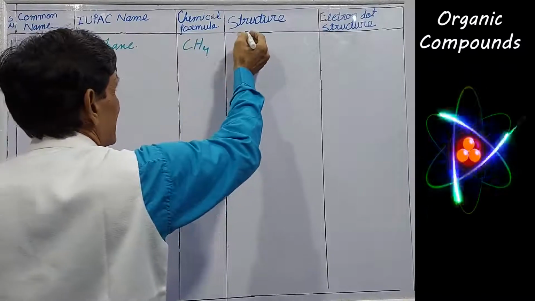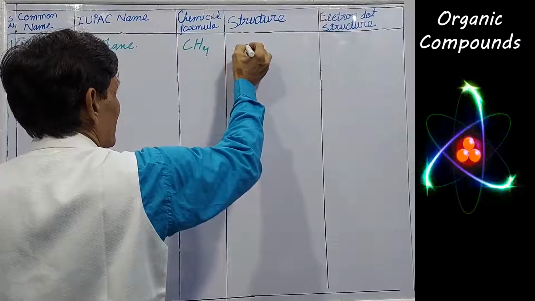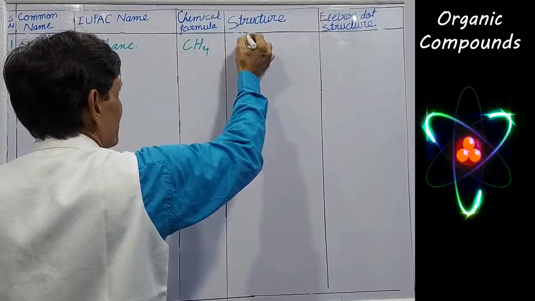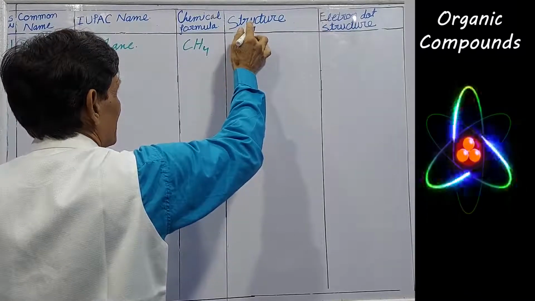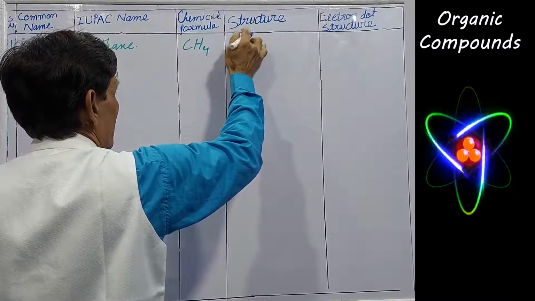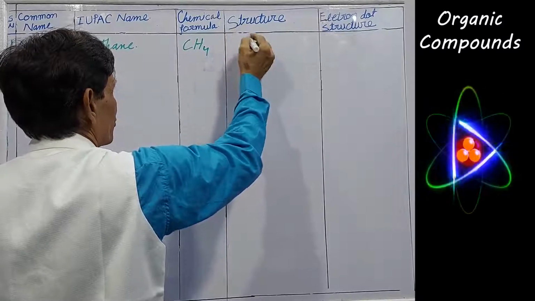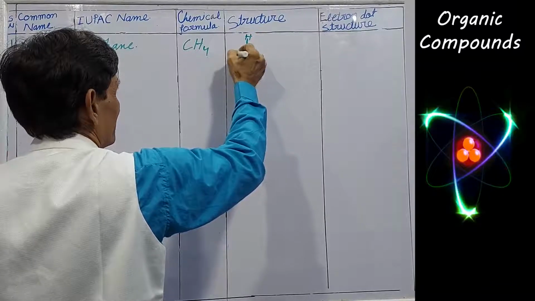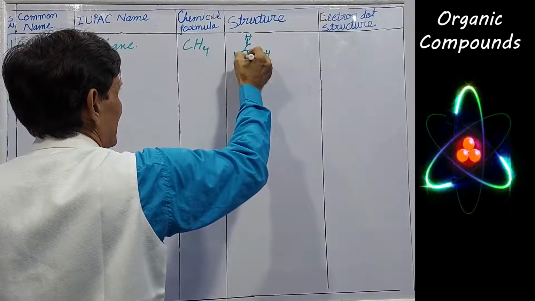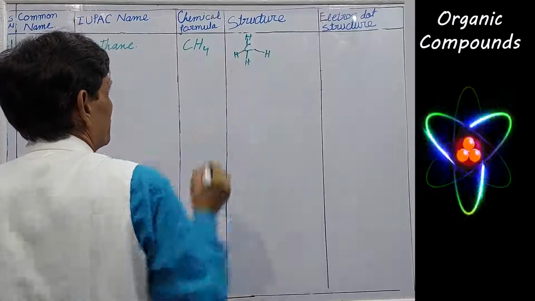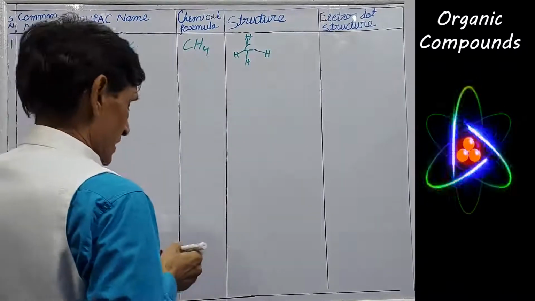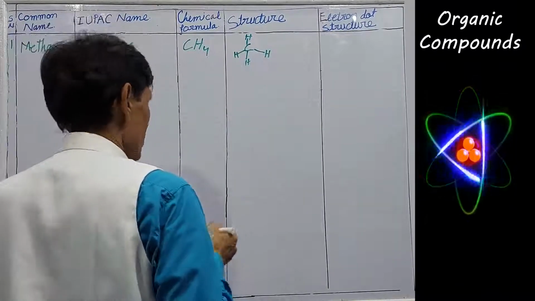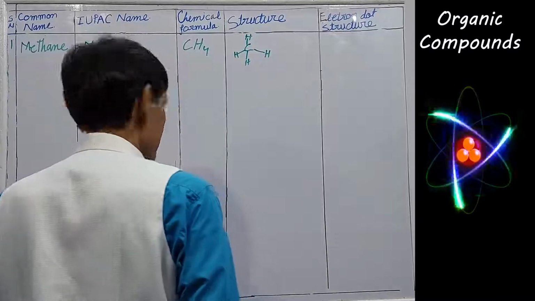And its structure is like this: C in the center with H around it, like that. This is the structure of methane. Next, the electron dot structure of methane.